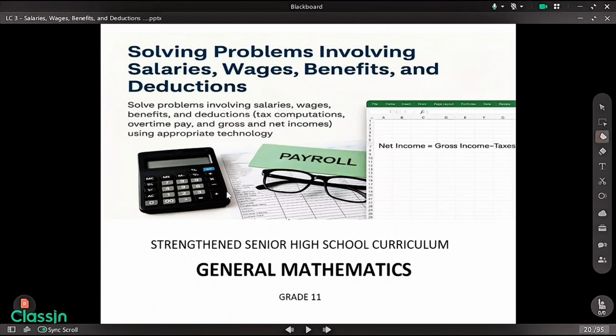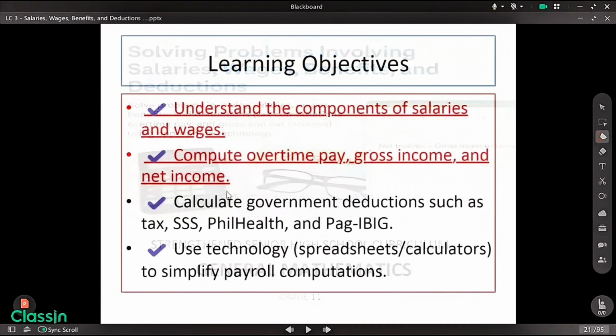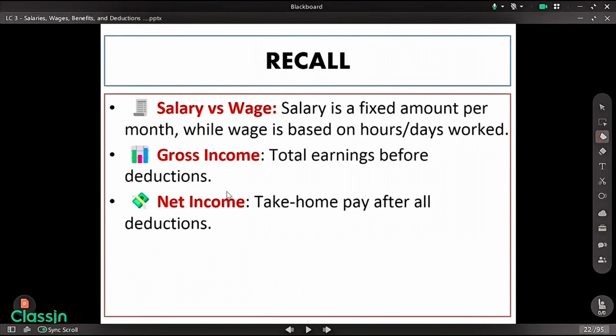Alright, welcome back. So last meeting, we talked about the components of salaries and wages. For today, we are going to compute the overtime pay, gross income, and net income. Let's recall. As we all know, salary is a fixed amount per month, while wage is based on hours or days worked.